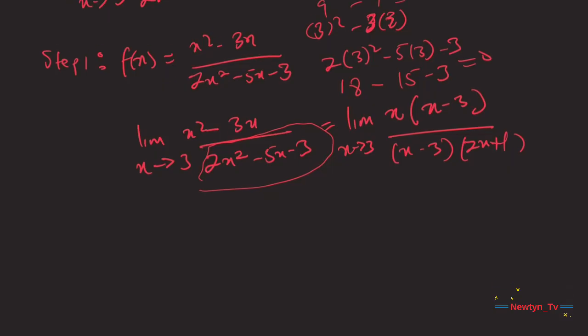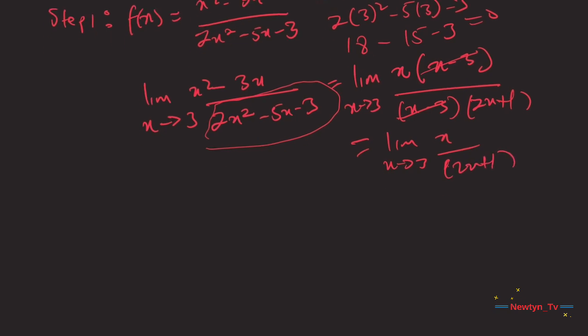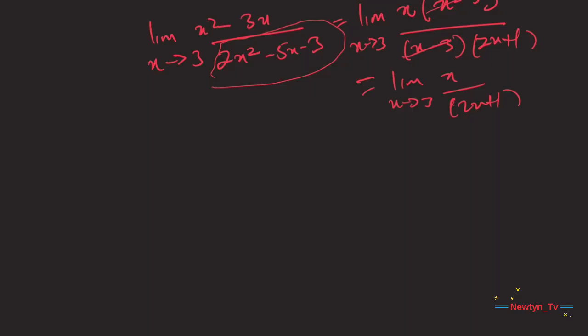Now if we simplify it, we can see that we are going to get this cancel this. Then we'll get the limit of x as x approaches 3 over 2x plus 1. This is what we are going to get. So step 2, which is the cancel, we just did the cancel.